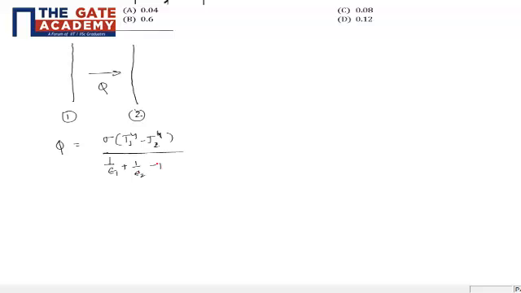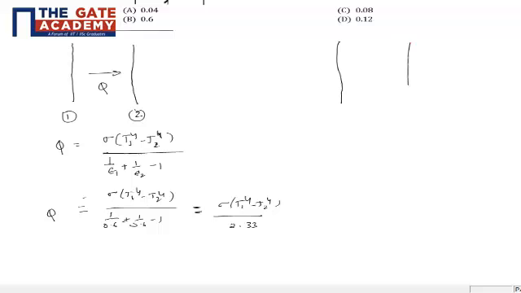The emissivities for the two plates are given as 0.6, so it is 1 by 0.6 plus 1 by 0.6 minus 1, and that comes out to be, in the numerator, sigma (T1 power 4 minus T2 power 4), but in the denominator you have 2.33. So this is Q.